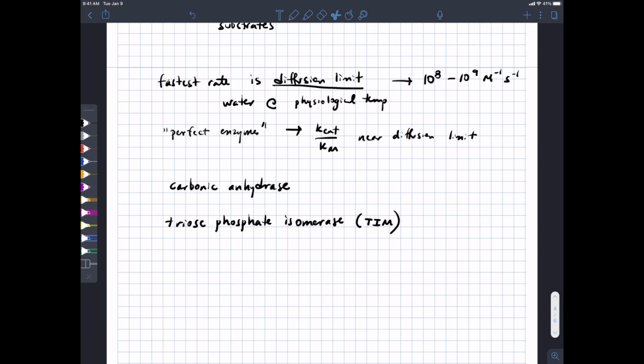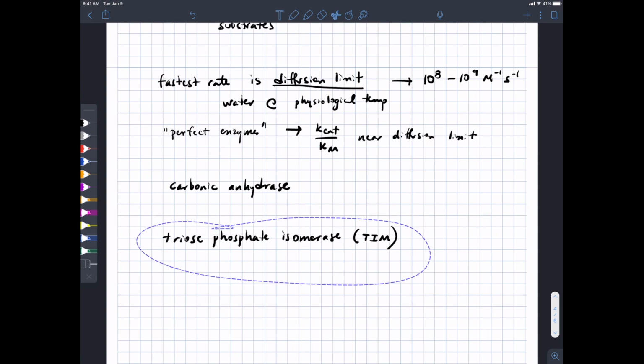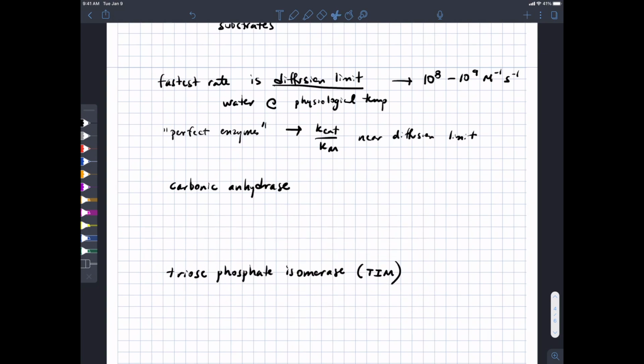There are a couple of different ways that you could have kcat over Km values that are close to the diffusion limit, right? You can either have a very, very high kcat, or you can have a very, very low Km. For example, carbonic anhydrase, let me make sure I've got these values. It's written here.